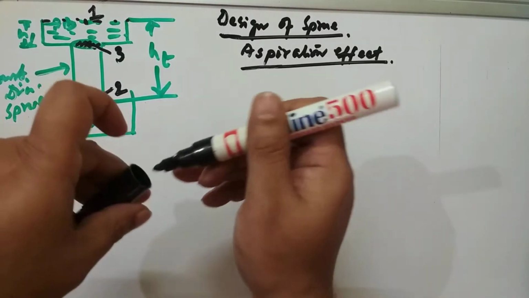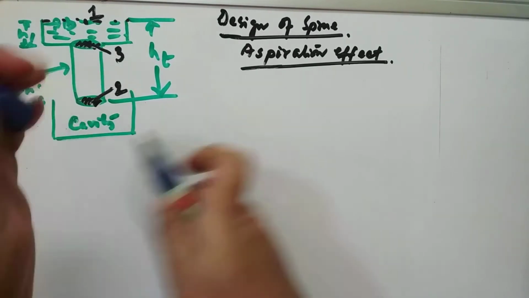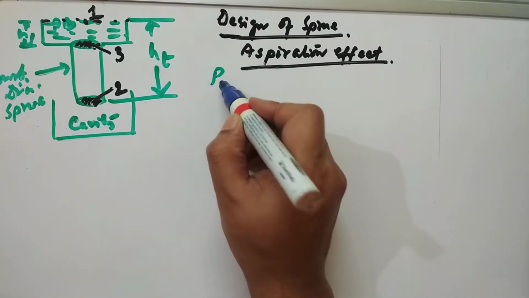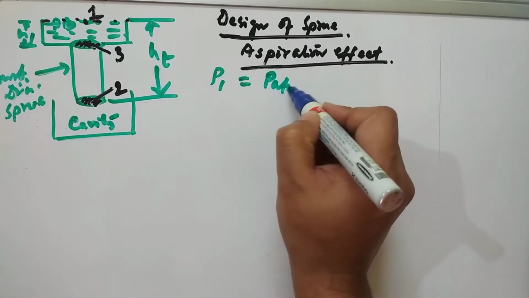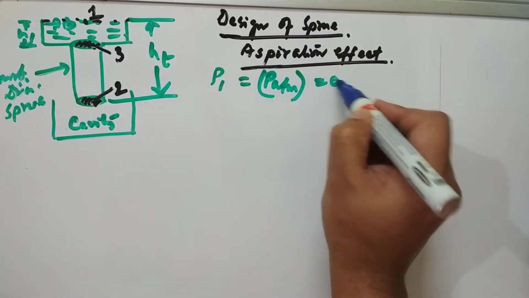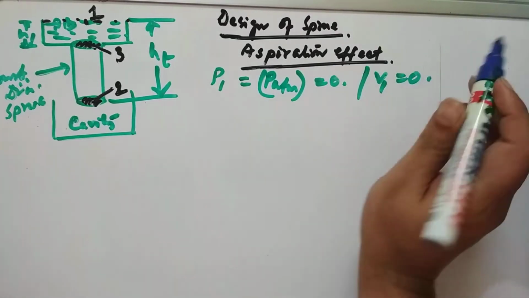Okay, now look what happened. As I earlier told you in the top gating design, P1 is open to the atmosphere, so P1 will be equal to atmosphere, and it is equal to 0. V1 will be 0 as well.